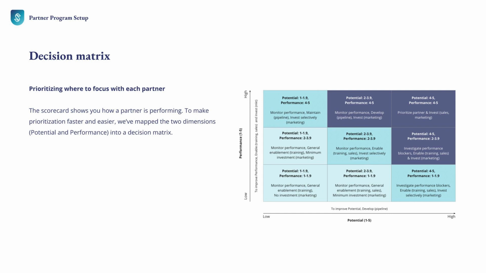Again, you will want to monitor performance throughout the year to make sure that you maintain pipeline and to invest selectively in co-marketing initiatives. This approach might seem a bit too granular, but using this type of scoring and segmentation helps you easily identify the areas where a partner isn't performing and might require additional support from you.